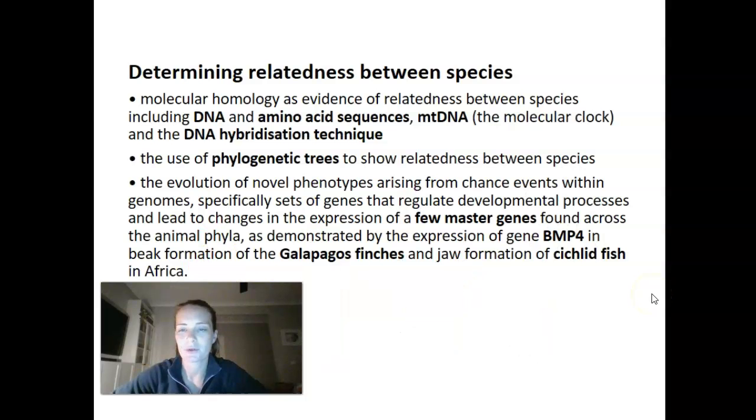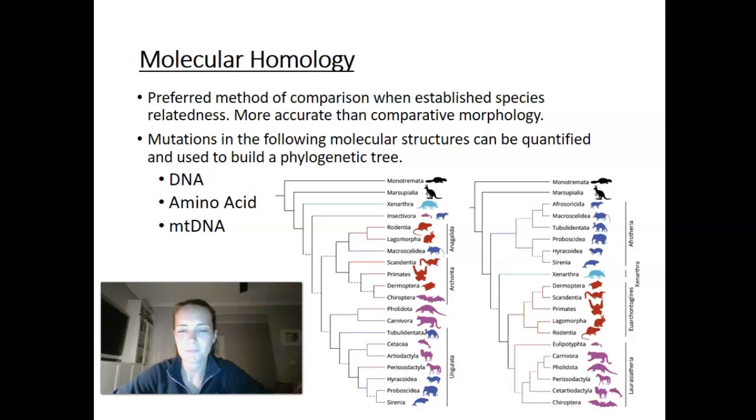So a similar sort of scenario. But we are looking even deeper at their molecular structures now and seeing that there are similarities between them that we don't see on the surface physically. And there are mutations that we can look at on a molecular level that can occur in DNA, and related to that we know we can look at amino acid sequences, and mitochondrial DNA can also offer some differences between species.